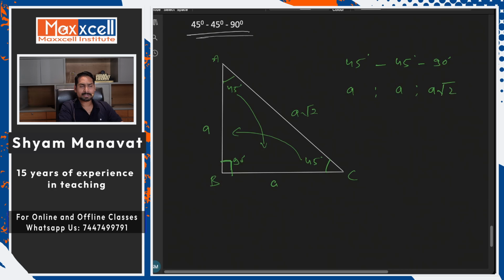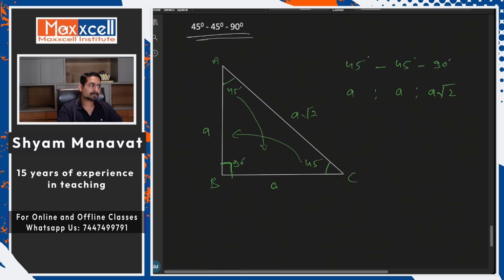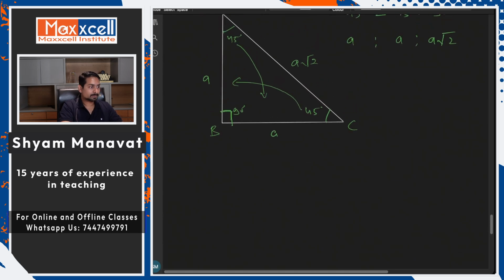All of this you can prove with the help of Pythagoras theorem. Does it mean that right angle triangles are only like 30, 60, 90 and 45, 45, 90? No, not necessarily. You just need to have one of the angles as 90 degree. The other two could be anything. This is 90, it is possible that this is 40 and this is 50.